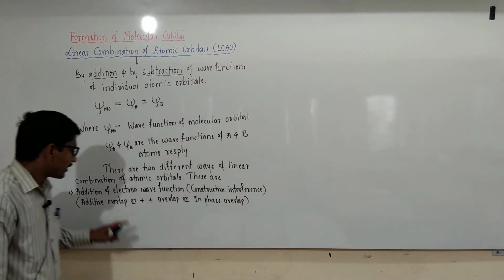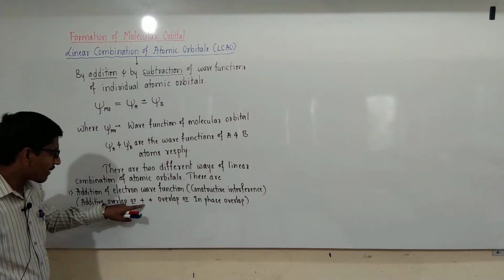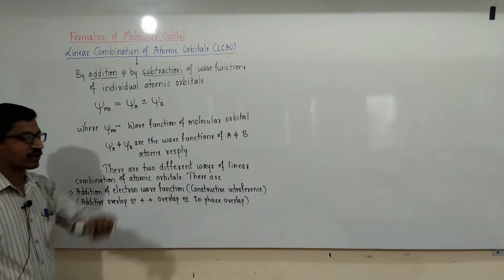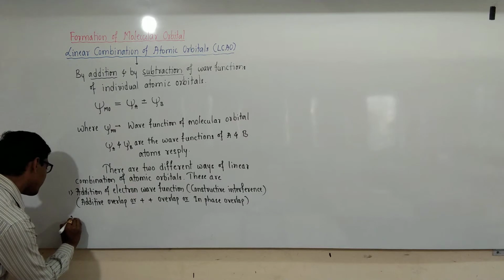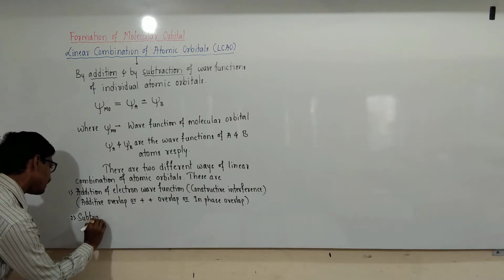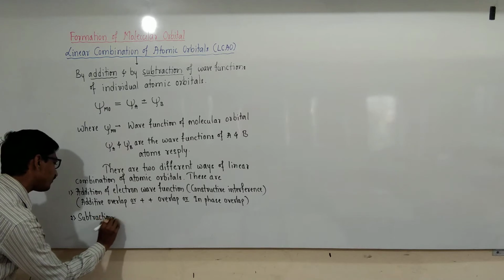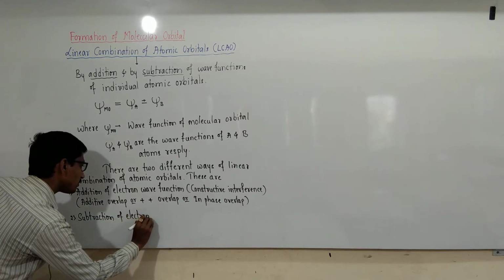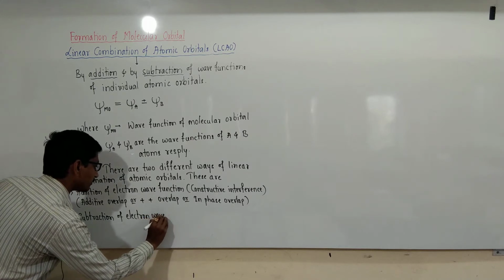These are also known as additive overlap, positive overlap, in phase overlap, or constructive interference. Then the second one is subtraction of electron wave function.